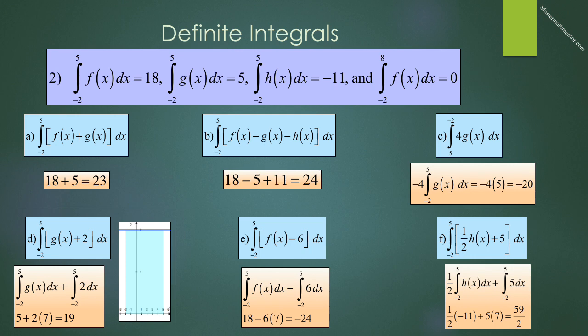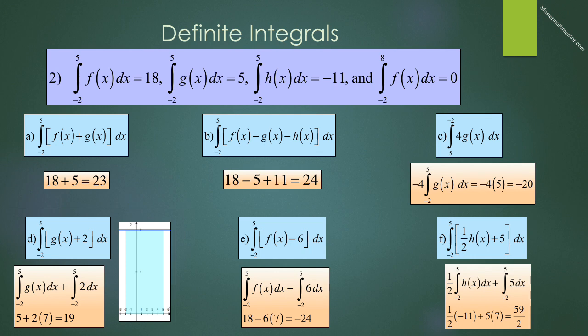But the integral from negative 2 to 5 of 2 dx, you have to think about what this means. This represents the area under the curve y equals 2, from negative 2 to 5, as shown in the picture. So this is simply a rectangle whose height is 2 and base is 7. And therefore our answer is 5 plus 14, or 19.